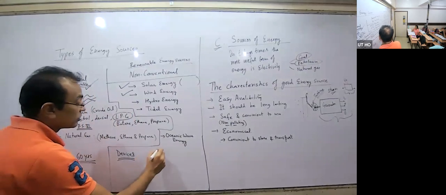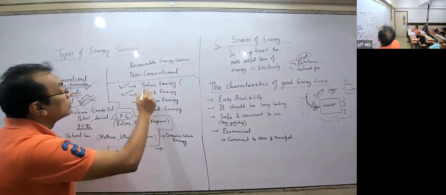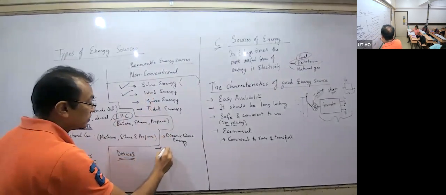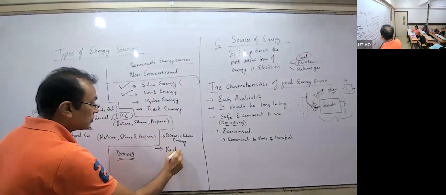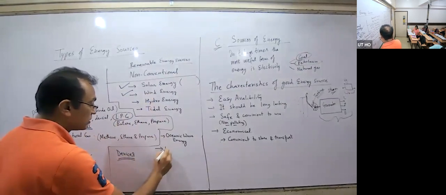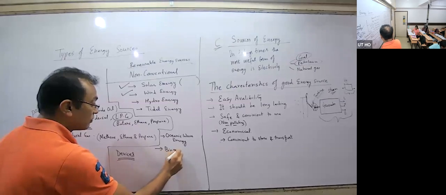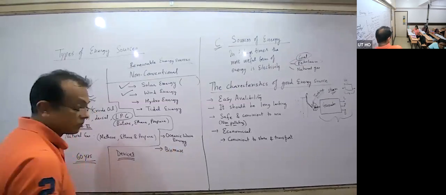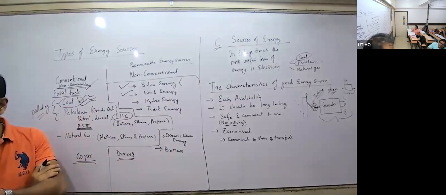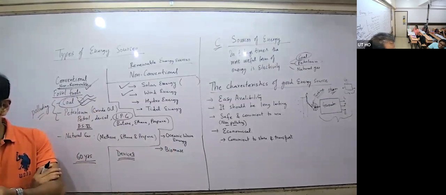What else after this? There must be nuclear energy, right? We have biomass. That's the sequence. What is biomass? So this is human, animal, and plant waste. So we eat and then we produce waste, right?